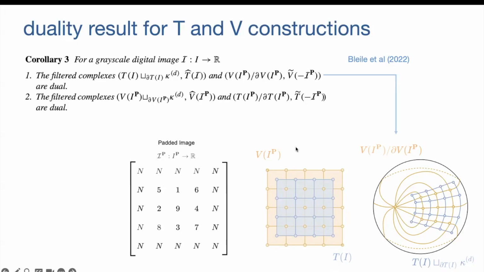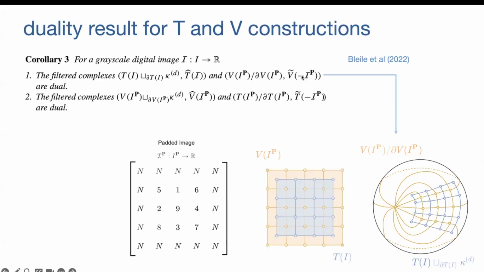Now on the V construction here, I've had to pad it. So this is my padded image. And then with my padded image, I'm now going to take all these cells on the boundary here and identify them to a point. Okay, so that's a different operation. Here I was capping, here I'm identifying things to a point, and the function value I'm going to use to filter this thing is going to be the negative of the image values, okay?